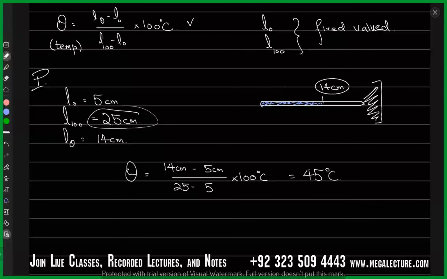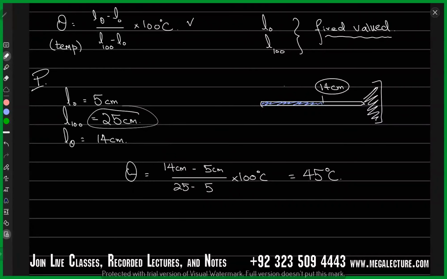Okay. So this would be 45 degrees Celsius, which means that the temperature of this substance is 45 degrees centigrade, in reference to these fixed values, right?